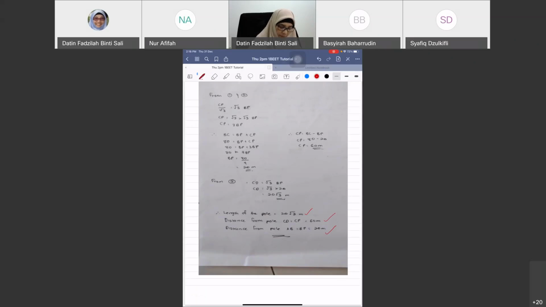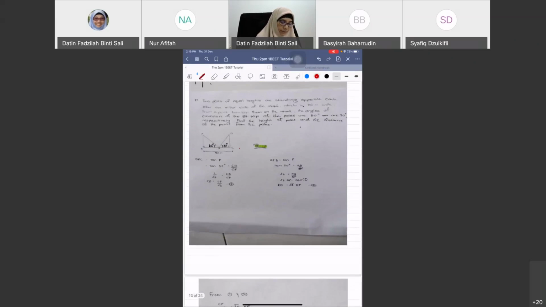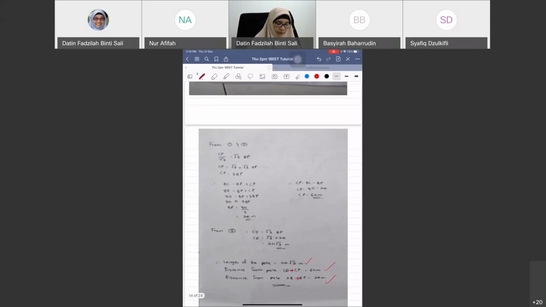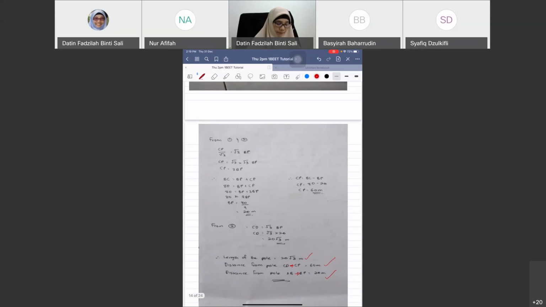So the diagram is correct, and all these are correct relationships. You just need to solve for the distance as well as for the height. These two are distance, and this is the height of the pole.